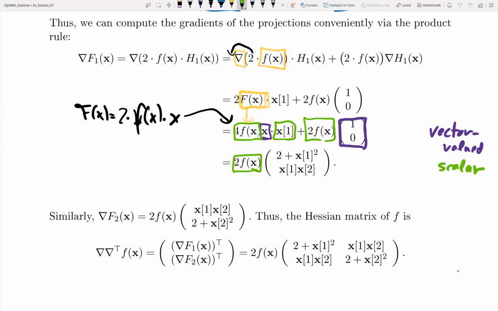And with focusing on what is going on there, it's perhaps not so obvious, but what we get is the 2 from here.